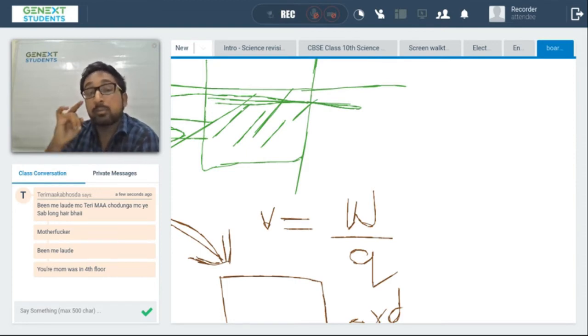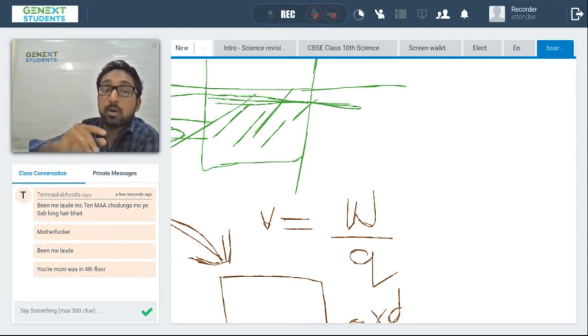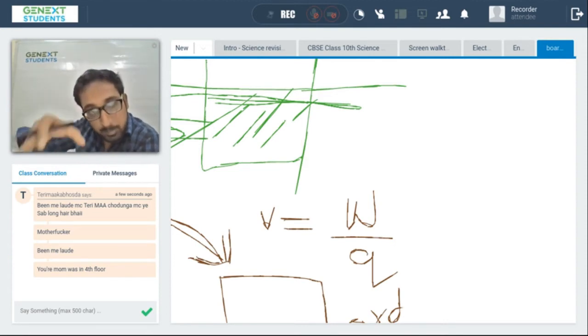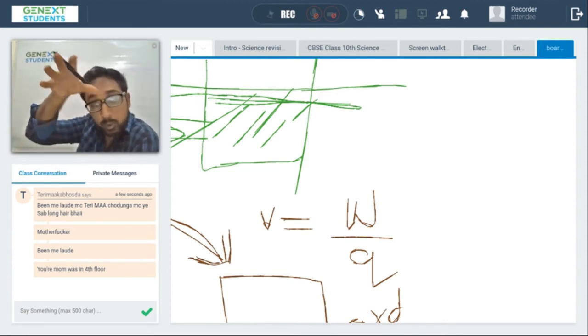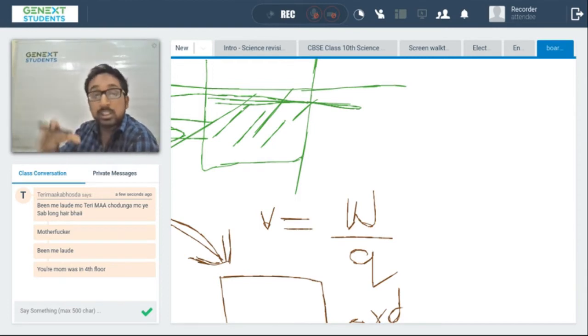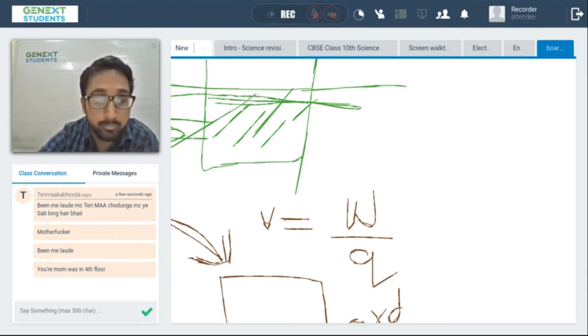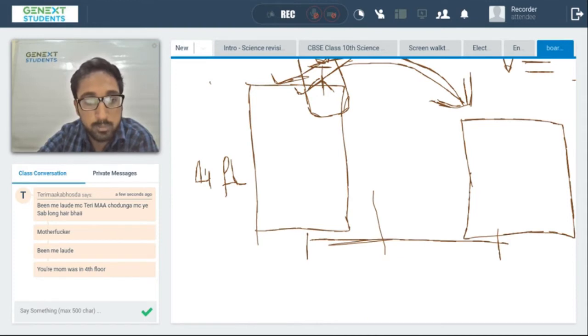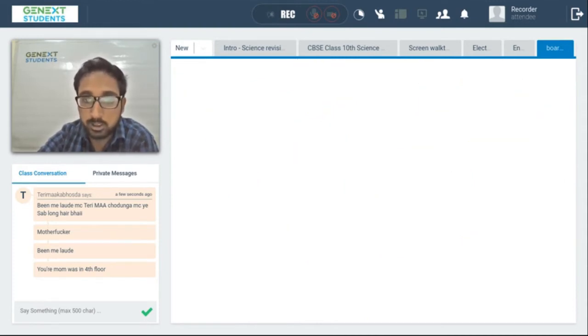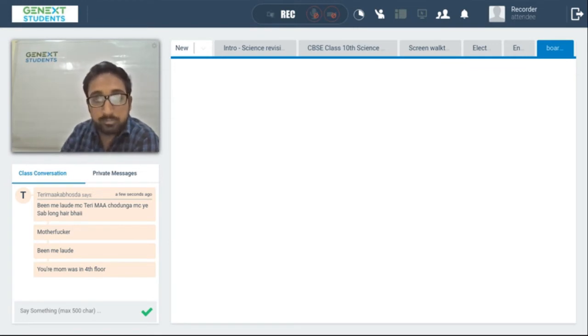If there were 10 charges, the work done by the 10 charges to jump from a higher potential, a higher value or higher building, to a lower building or lower value is known as the potential difference of that particular charge. So how is this defined? Let me say this in a different manner.